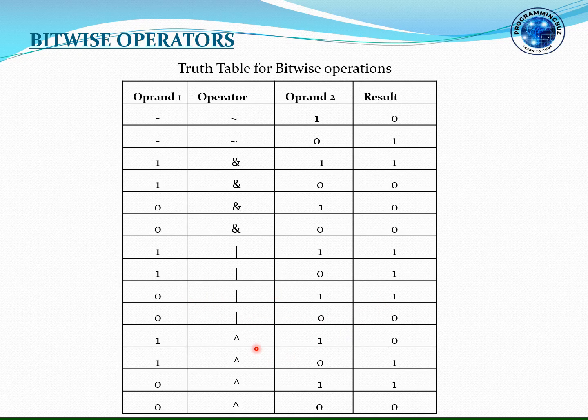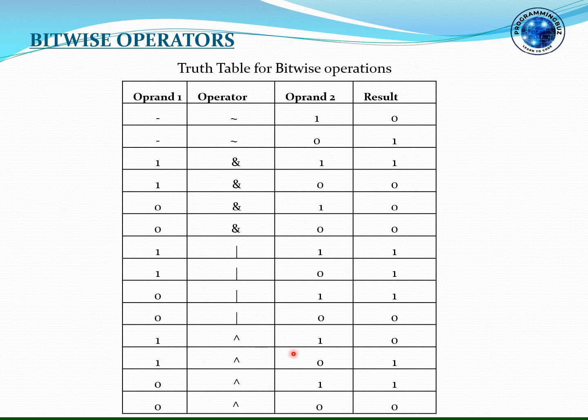Let us see the next operation, which is the EXOR operation. From the truth table, you can observe that if both the operands are the same, then the result is 0. That is, 1 XOR 1 is 0, and similarly 0 XOR 0 is also 0.